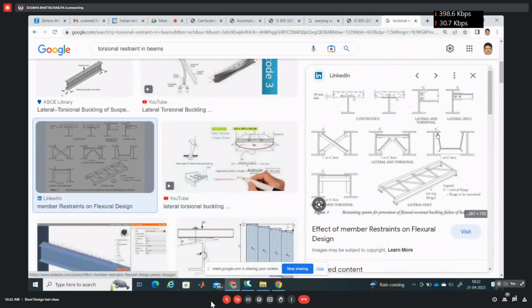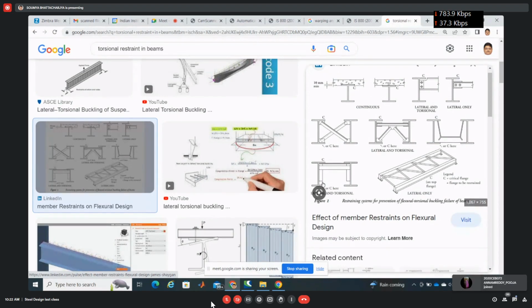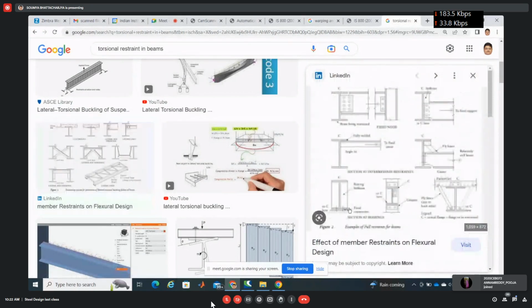There are several ways. You see, there are two beams. If I join the flanges by this, then it cannot twist because it gets laterally supported. So anyway, I have to restrain the twisting of the section, by providing this type of restraint, or by providing cleating.